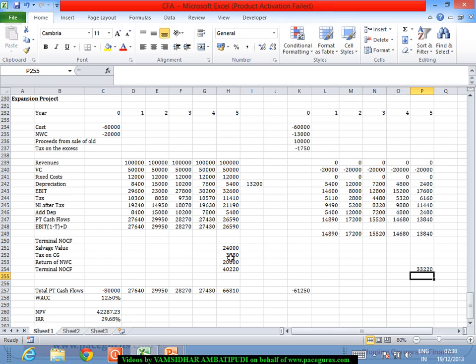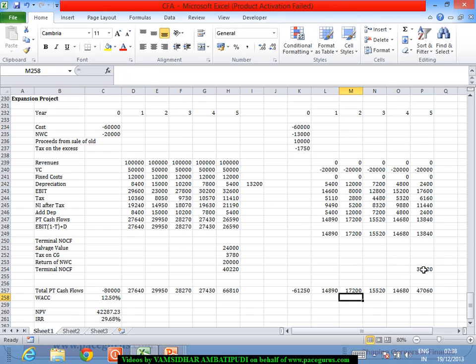So the terminal net operating cash flows this time is working out only to 33,220, and probably I can compute the total after tax cash flows in each of the years, which is working out to these numbers, and in the final year it is the summation of these two working out to this much number.